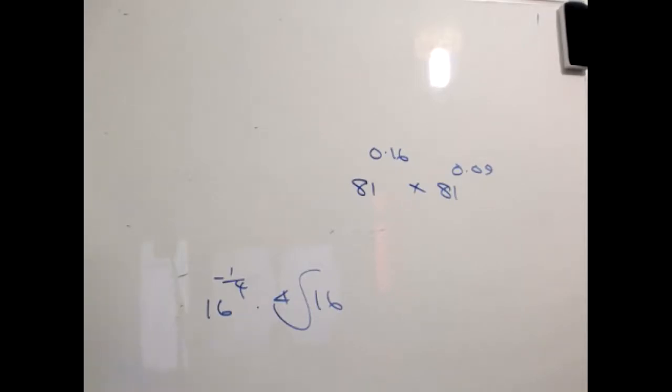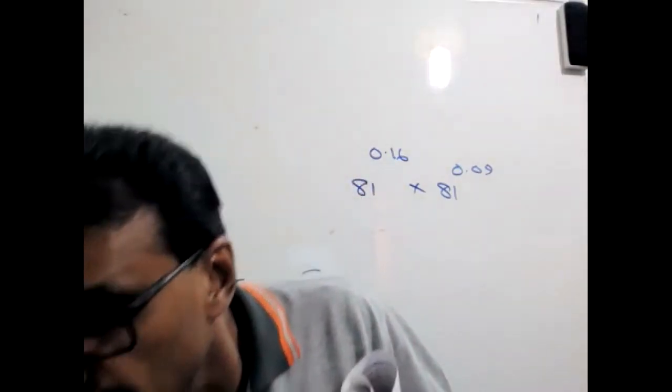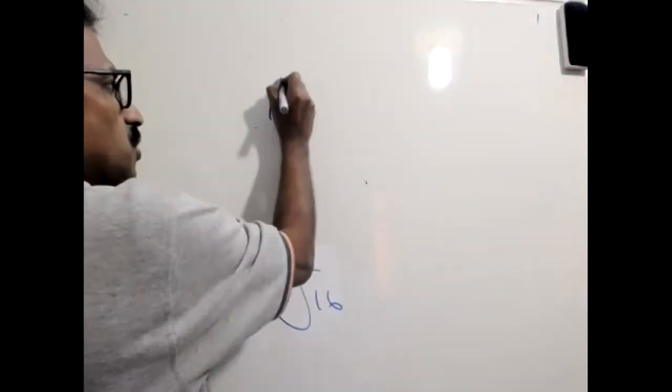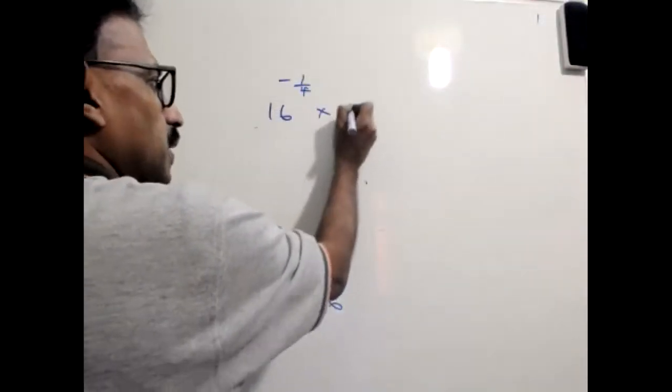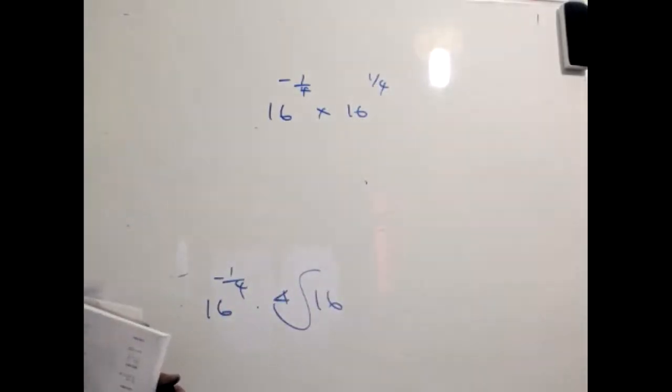Okay, what did you get? Look, here 16 raised to minus 1 by 4 into 16 raised to 1 by 4. Correct or not? 4th root of 16 is 16 raised to 1 by 4.